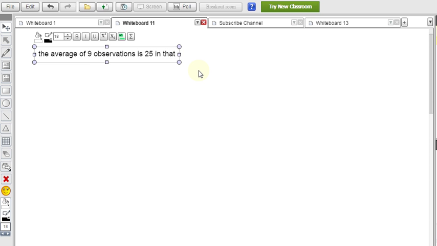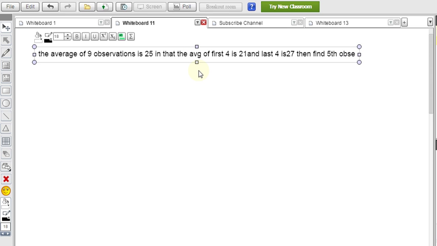In that, the average of the first 4 is 21 and the last 4 is 27. Then find the fifth observation.